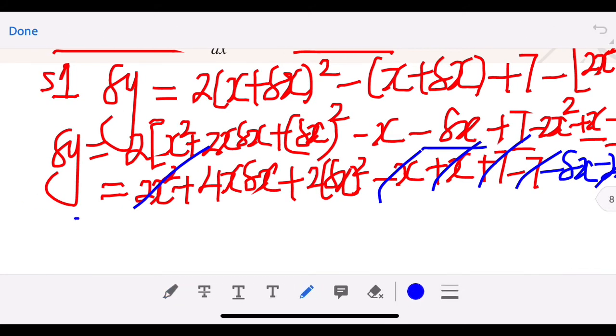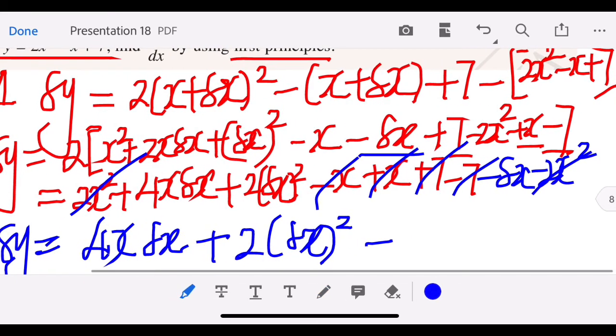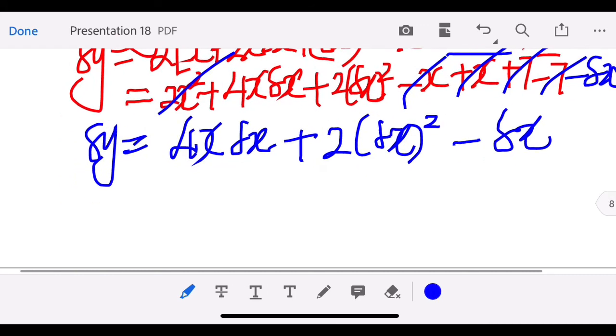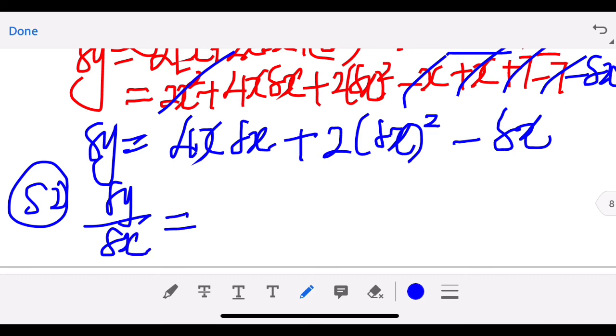Alright, so now the delta y becomes very simple: 4x delta x plus 2 delta x squared minus, we have one more, minus delta x. Right, okay, now the next step is to find the ratio of delta y over delta x, which is actually the gradient.